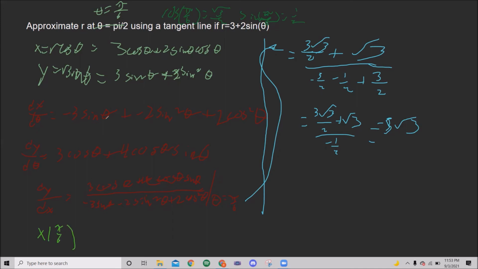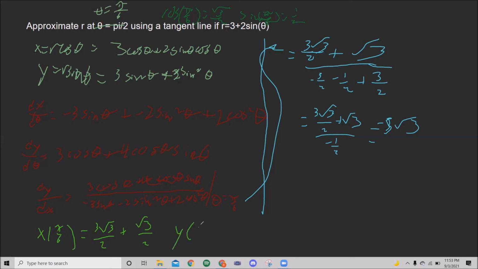That is equal to 3 cosine pi over 6 plus 2 cosine pi over 6 times sine pi over 6, because I'm substituting pi over 6 in for theta in our equation for x. So this is equal to 3 root 3 over 2 plus root 3 over 2.